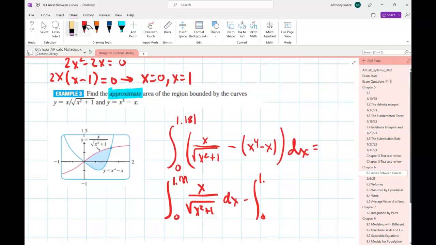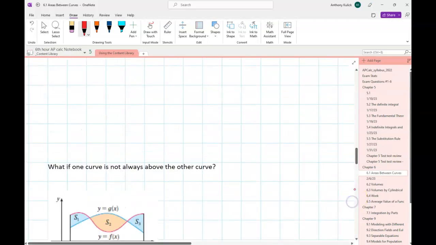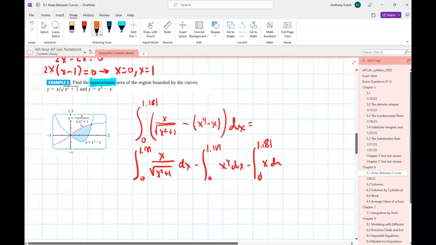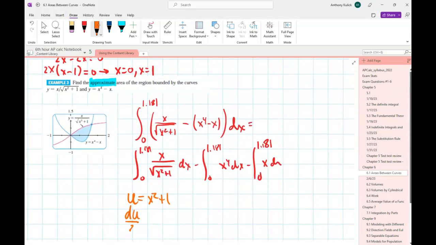The first one's a classic u-sub. So what should our u be in that first one? And then du over 2 is going to equal x dx.